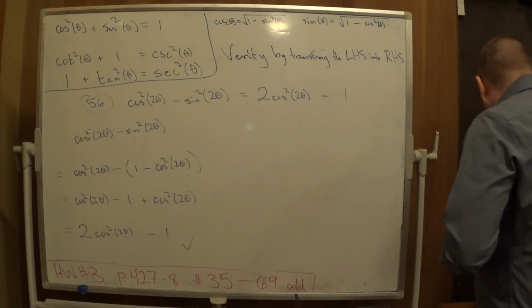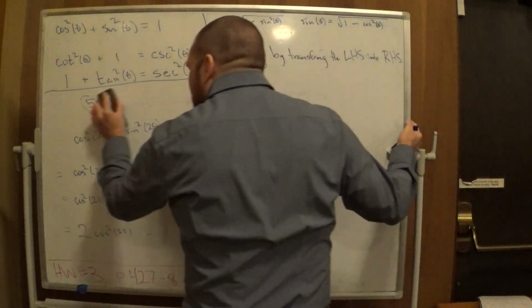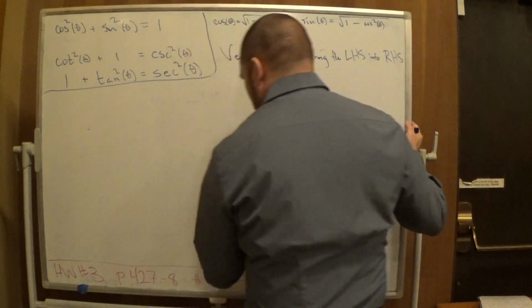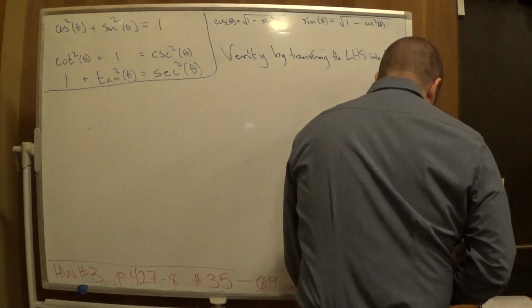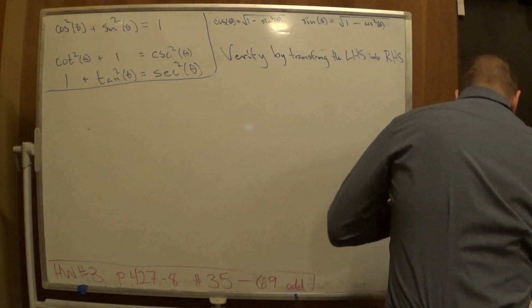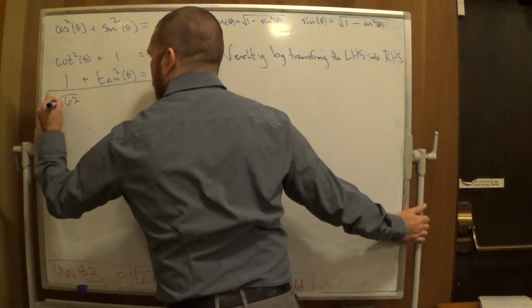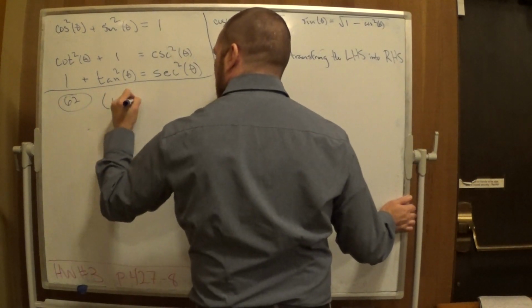A lot of these, like in your homework, it's going to be like this one, the one that I'm about to write up, where it's literally just work out what's on the left-hand side, and it works out. So this one is 62. And it says verify the right-hand side.